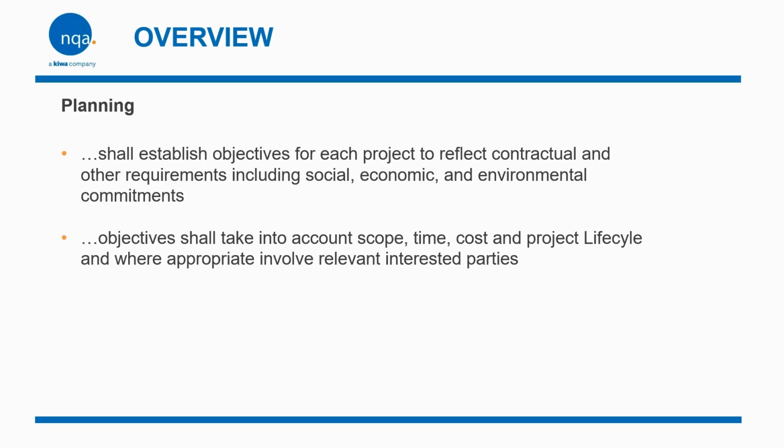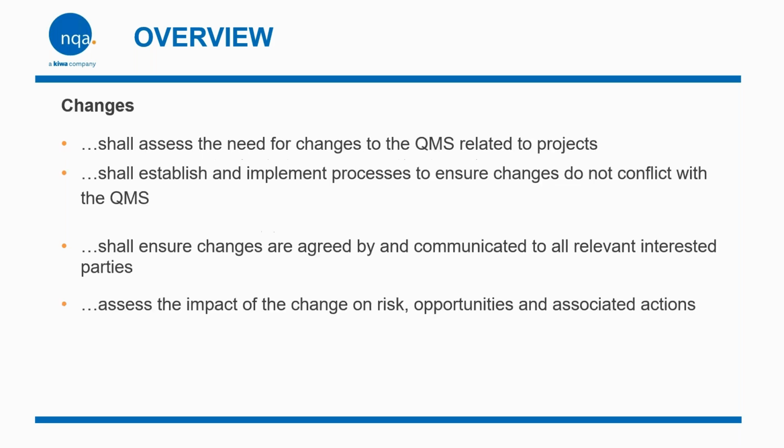This ensures quality planning supports broader business and social goals. When quality objectives are aligned with the contractual, social, economic, and environmental priorities, and informed by scope, time, cost, and life cycle, they become very powerful tools in making sure a project is successful.